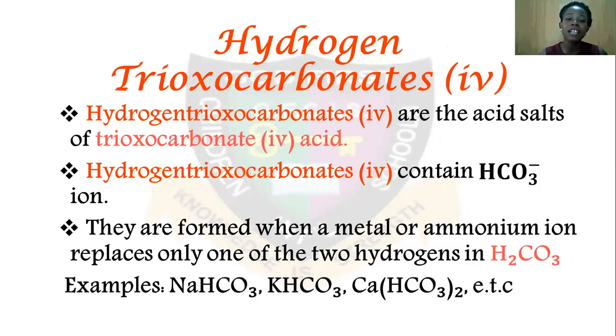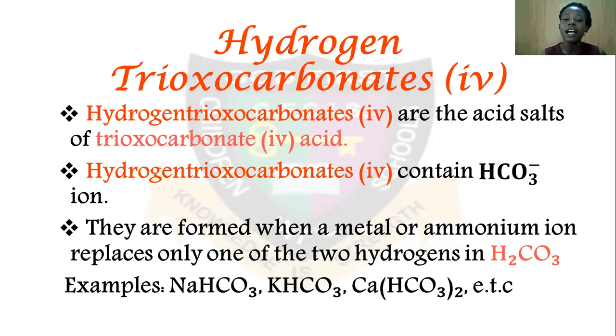So let's look at hydrogen carbonates. Now, we just talked about carbonates. Those are the normal salts of carbonic acid. So hydrogen carbonates are the acid salts of carbonic acid.